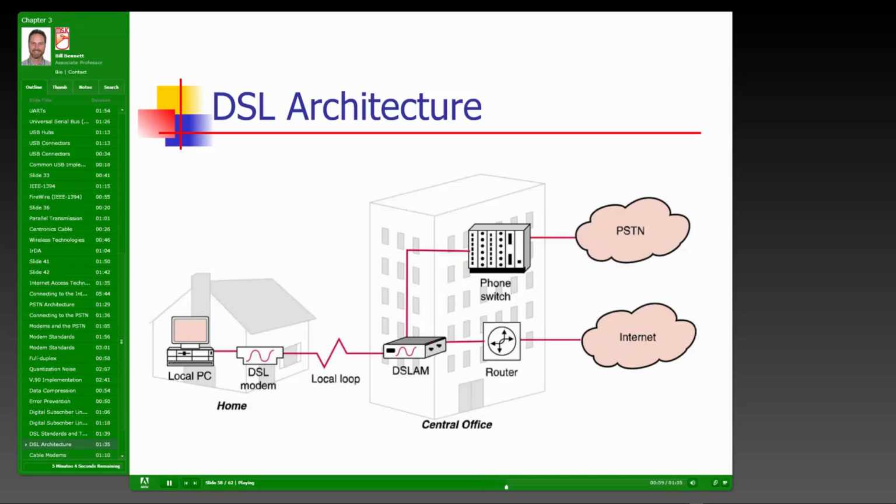The other path is for the voice, which goes into their phone switches, and the phone switch then forwards the phone call through the PSTN cloud, the public switched telephone network, to whomever you might be calling. Remember back to that multiplexing graphic, we had both the voice and the data simultaneously going over the local loop, and that's what's being divided at the DSLAM and split up to either the phone network or the data network, in this case the internet.